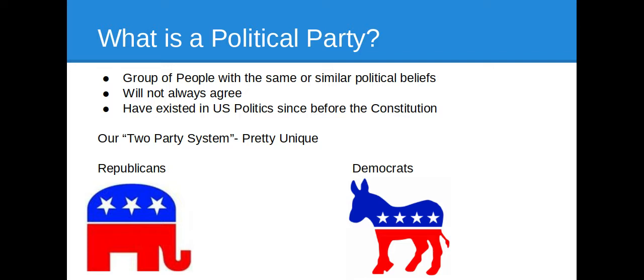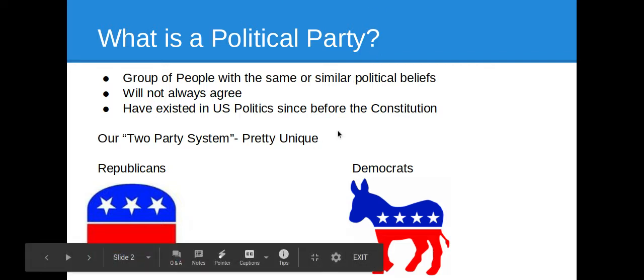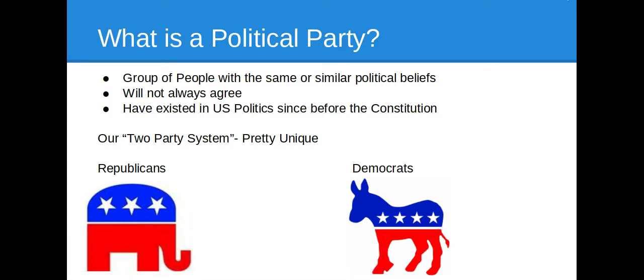During Andrew Jackson's election against John Quincy Adams in 1828, I believe, newspapers were mocking Andrew Jackson, calling him a jackass. And instead of getting angry, he accepted it, and it became the Democratic Party's symbol. They are represented by the color blue. So when you see blue or the donkey, think Democrats.